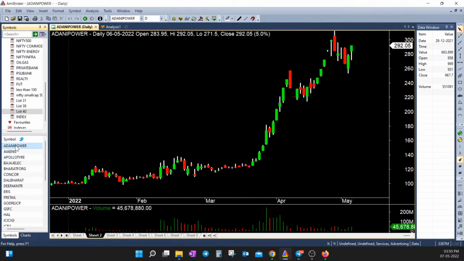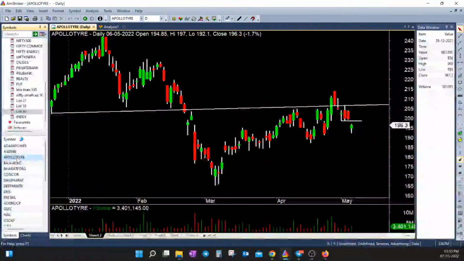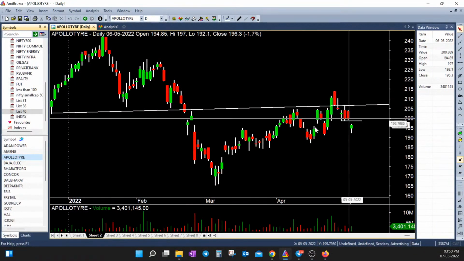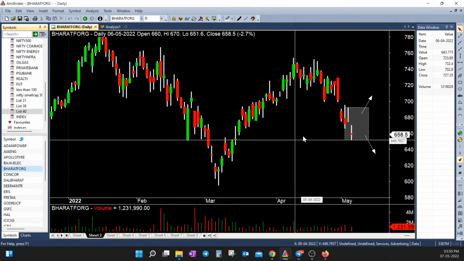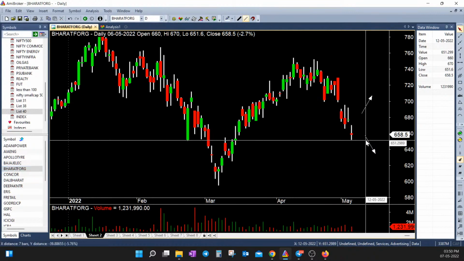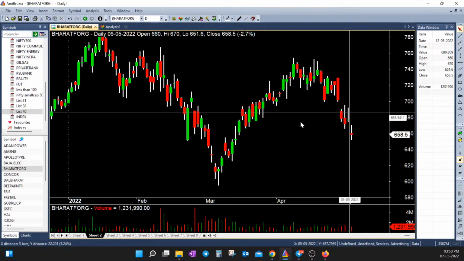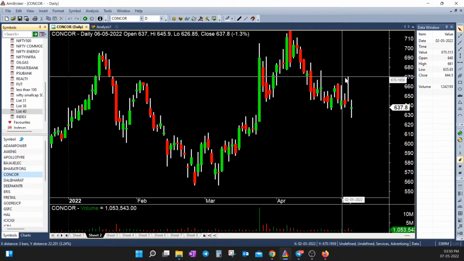So what have we gone through till now? Adani Power neglected, AI engineer short, Apollo Tyres short already taken, do nothing. Bharat Forge do nothing. Concor do nothing because of the range.